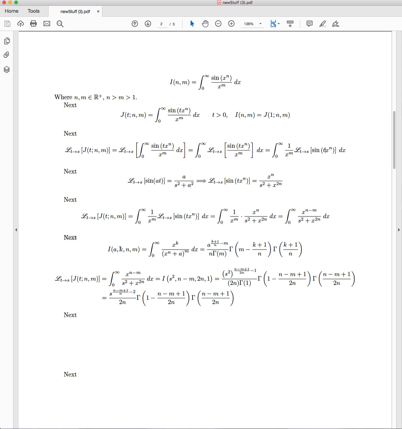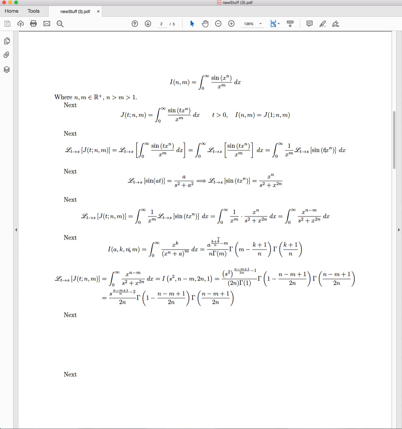Either way, actually no, m does just have to be positive, and let's just impose in this case that k and n have to be greater than 1. That may be imposing an overly restrictive restriction. It may be that they just have to be positive, but it will just guarantee convergence in this case. Anyway, we see that it takes this form here.